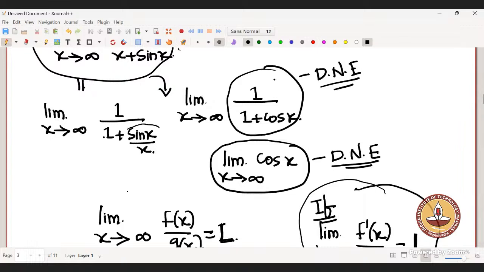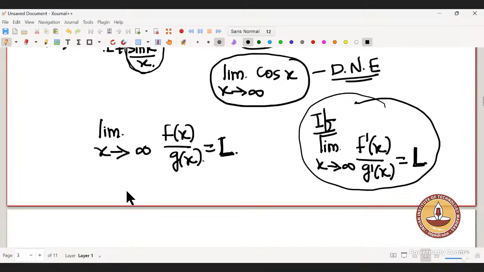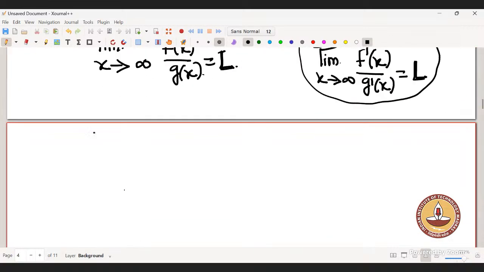So what is this limit? You need to differentiate between two things: the limit as x tends to 0, where sin x by x is 1, and as x tends to infinity, where sin x by x is 0.